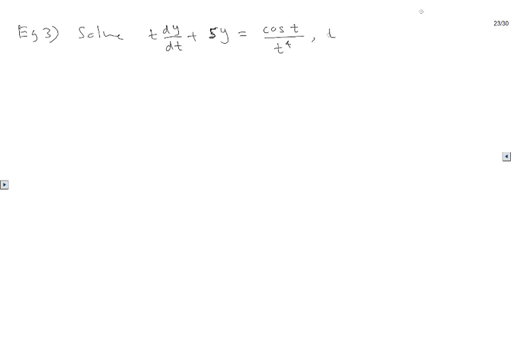We assume that t is greater than 0, along with y(pi over 2) equals 0. That's just a condition. Okay, so this is a differential equation: t dy over dt plus 5y equal cosine t over t to the 4th power.